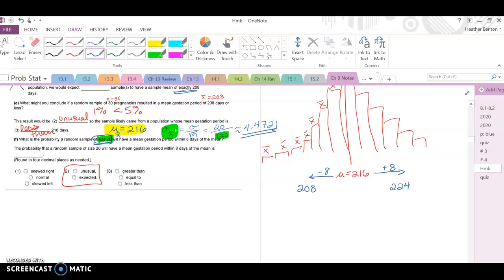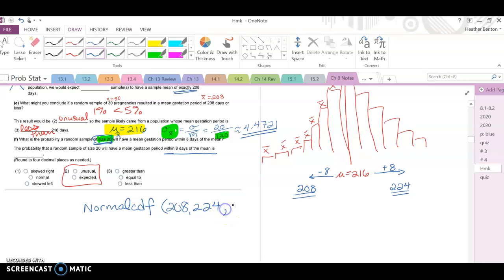And then if we're talking about within 8 days of the mean, then we're talking about going 8 to the left and 8 to the right in either direction, so between 208 and 224. So we're doing normal CDF, we're doing 208, comma, 224.